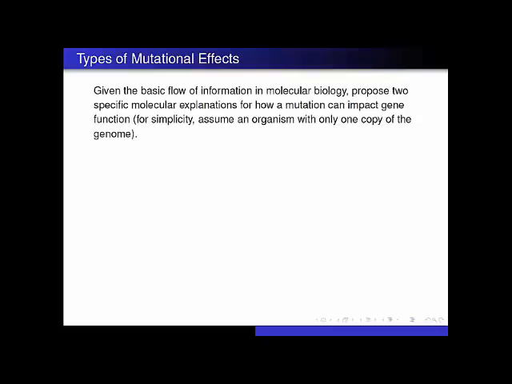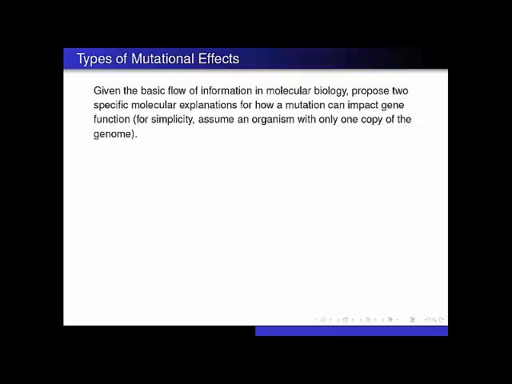Well, let's say the gene is just a way station to function, some kind of downstream thing that we could see. Maybe the organism used to have orange eyes and now it has white eyes, or something like that. Genes carry out functions through the information flow that I just presented, DNA, RNA, protein.